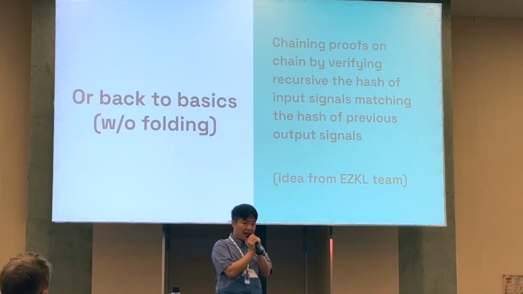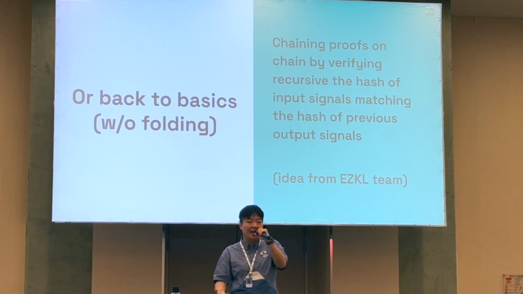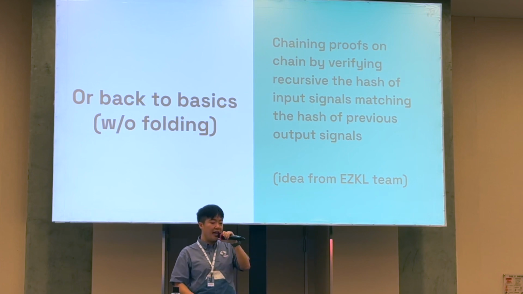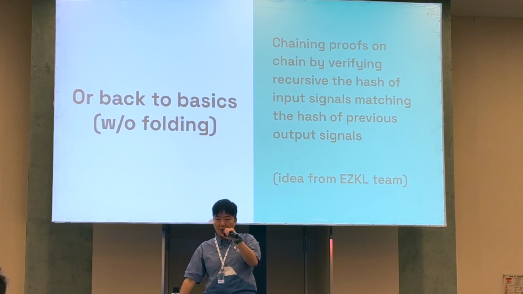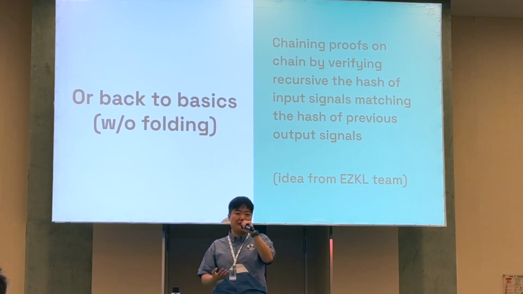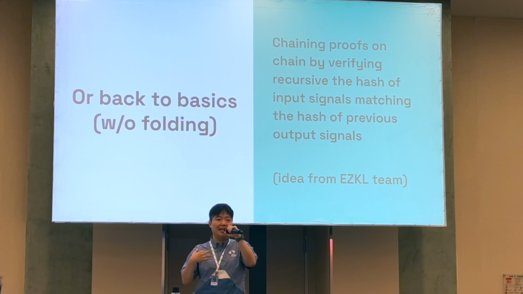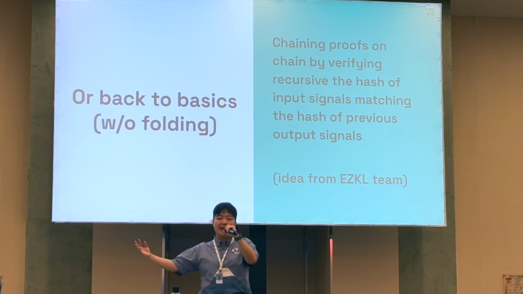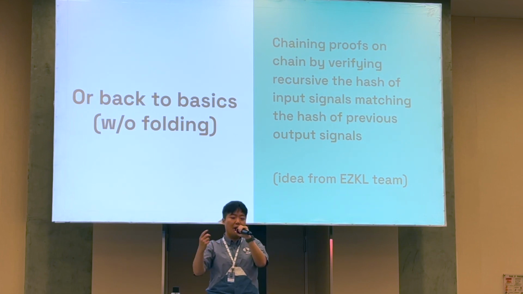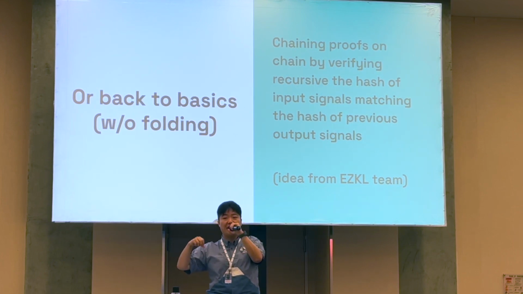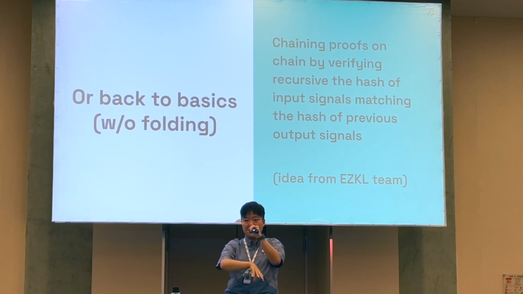Right, or just a last word, maybe we can go back to basics. Without even talking about folding or recursive proofs, there's actually an idea from the EZKL team or the Cathie team: why don't we just have a meta prover that chain-proves? We know hashes work perfectly for hiding the output. Why don't we just break down huge circuits into smaller circuits, have the output hash, and have a meta prover proving that the hash output of the previous circuit is indeed the hash input of the next circuit?